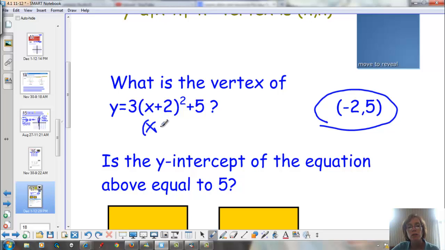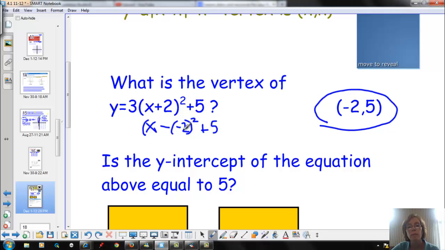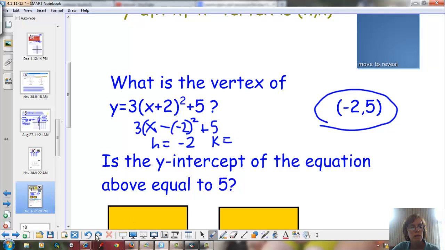Well, if it's x plus 2, that means we must have been subtracting a negative 2, because x minus a negative 2 would give us x plus 2. So the h here is equal to negative 2, and the k value is just 5.